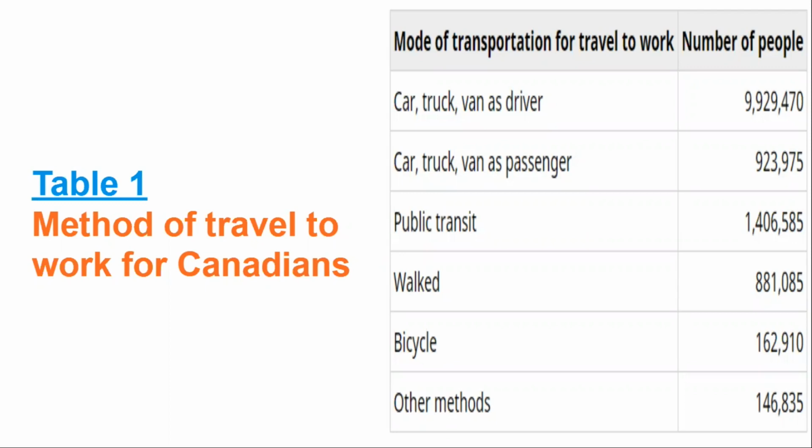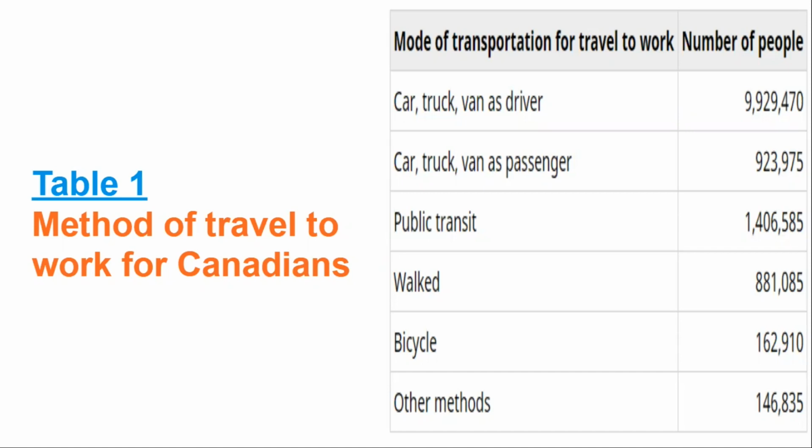So we have the mode of transportation for travel to work, and different modes of transportation: car, truck, or van as driver, so you can go to work with a car, truck, or van as driver, or you can use all those means of transportation as a passenger.